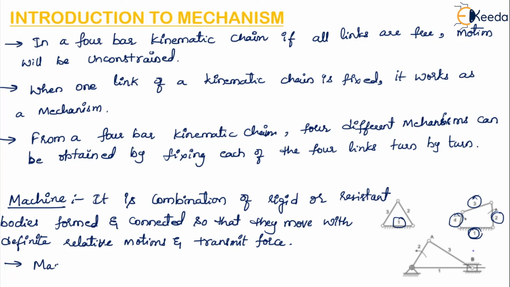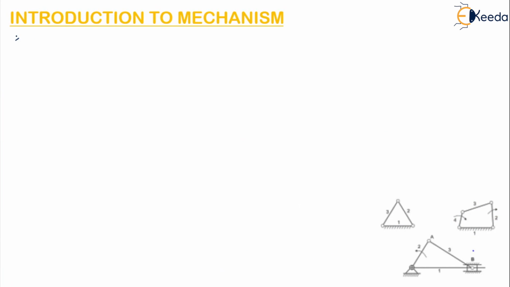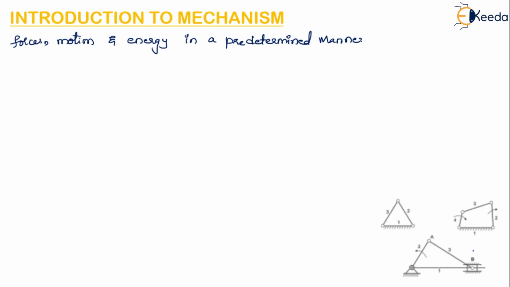So machine is an assemblage of parts that transmit forces, motion and energy in a predetermined manner. So machine has two functions, that is transmitting definite relative motion and transmitting force.